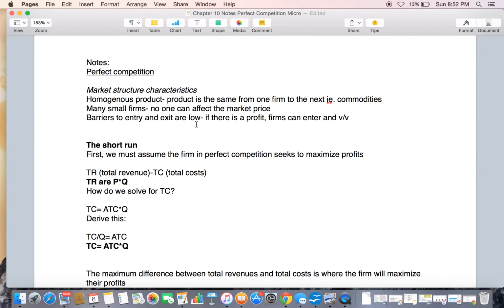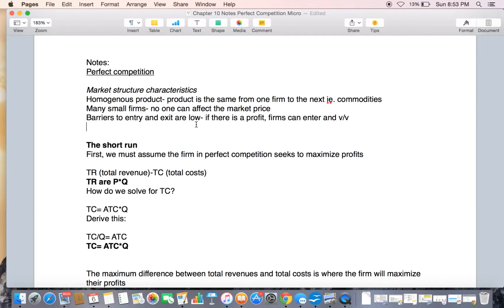Barriers to entry and exit are very low in perfectly competitive markets. This means that one can enter or exit the market with low cost of capital. So the machinery and equipment you need to buy might not be very expensive to get into. You might not have to buy expensive land or factories.